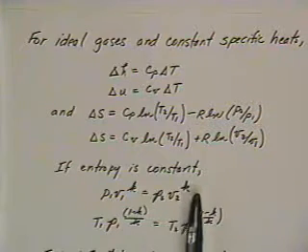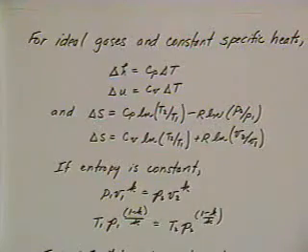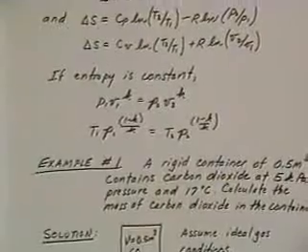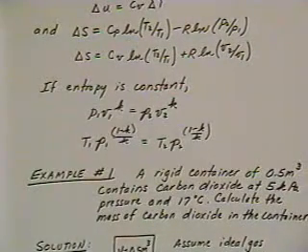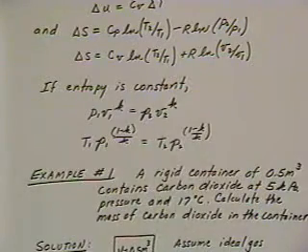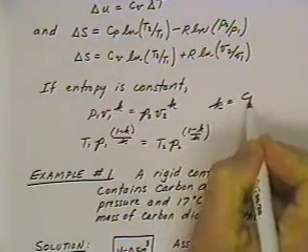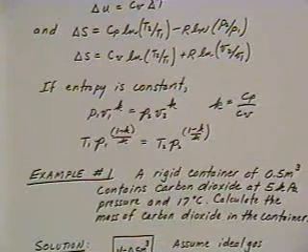Now, for some very special conditions, if we have constant entropy, or an isentropic process, then we can write that P1 V1 to the k is equal to P2 V2 to the k, and k now is equal to the ratio of specific heat at constant pressure to the specific heat at constant volume, Cp over Cv.